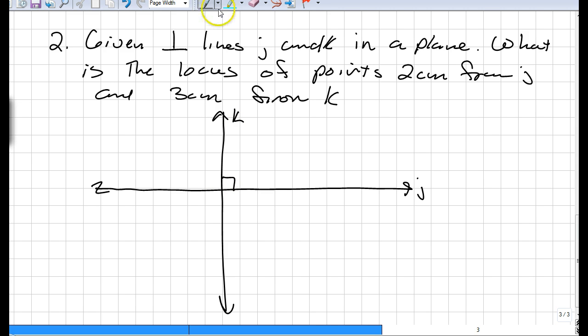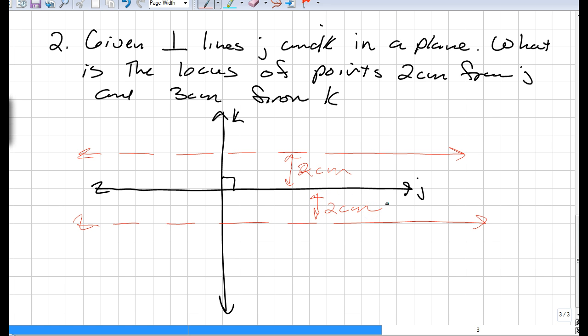Okay, so we want the locus of points 2 centimeters from J. So I just worry about J right now. So 2 centimeters from J would be this line, and there would also be another line here where this distance is 2 centimeters.